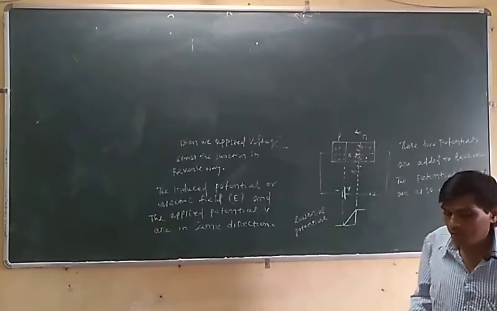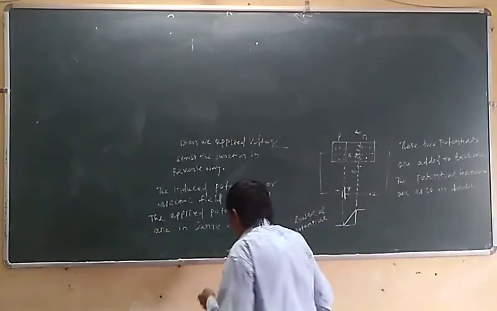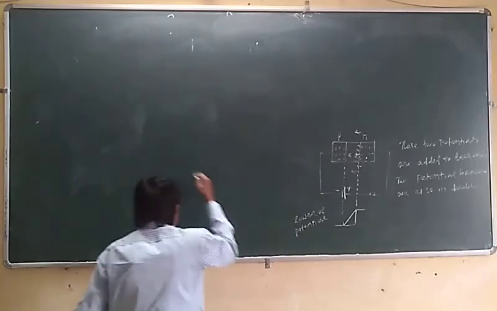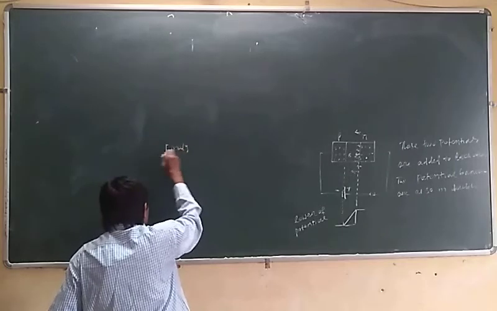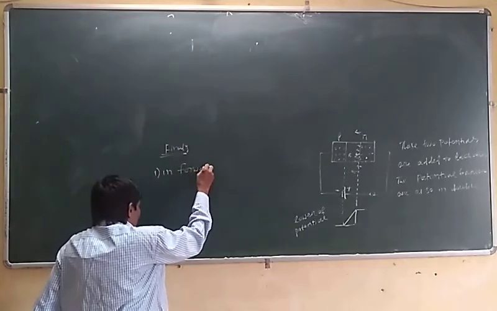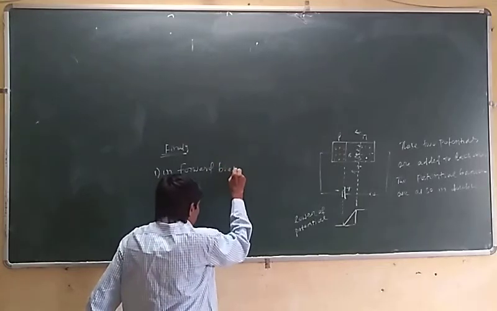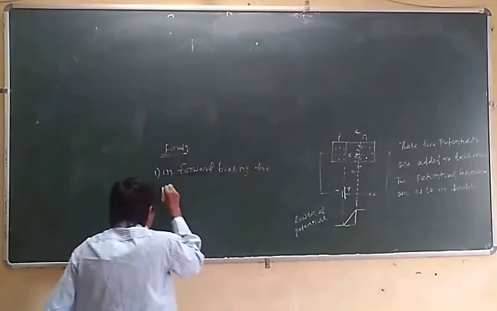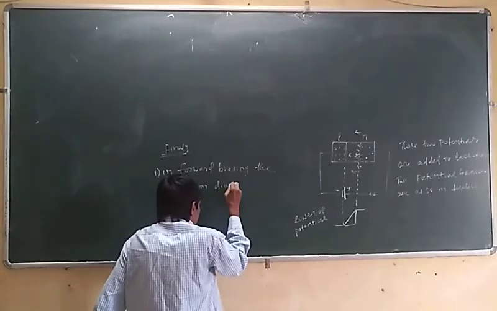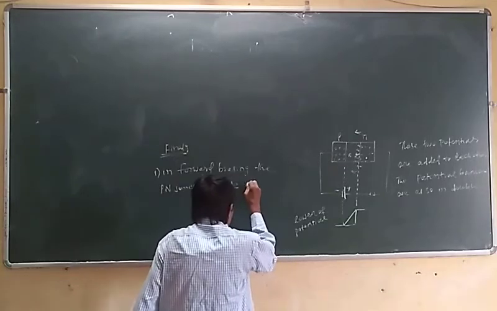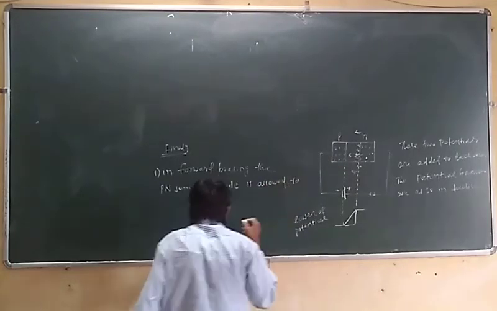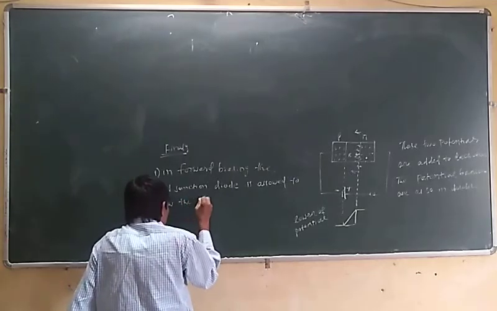So finally we write down the result. In forward biasing, the PN junction diode is allowed to flow the current.